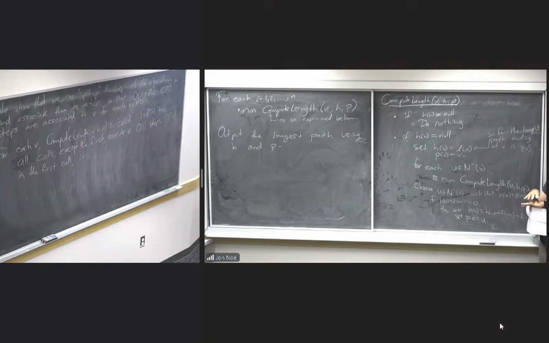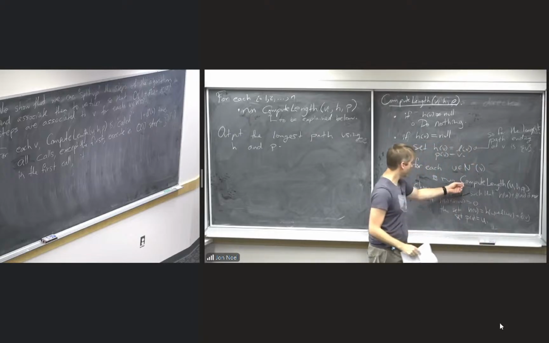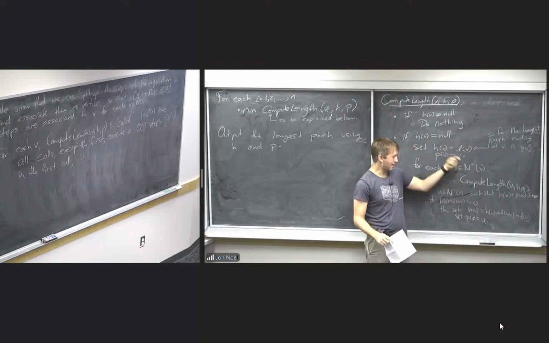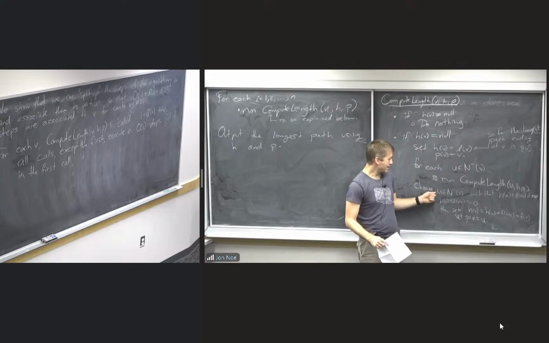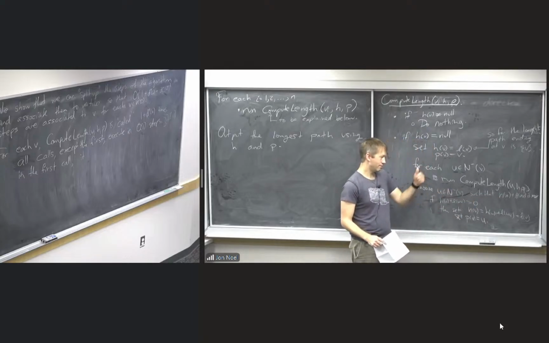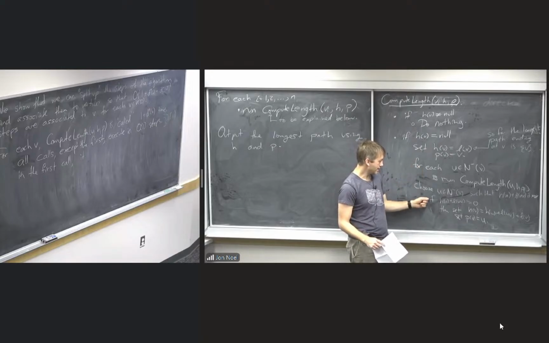I don't count that when I'm computing for V. So for every in neighbor, I count one step associated to V, but all of the internal things here get associated to U. And then this part can be done in degree of V steps, because I'm just going through each in neighbor, computing a number and seeing if it's the biggest or not. And then this can be done in just big O of 1 steps.